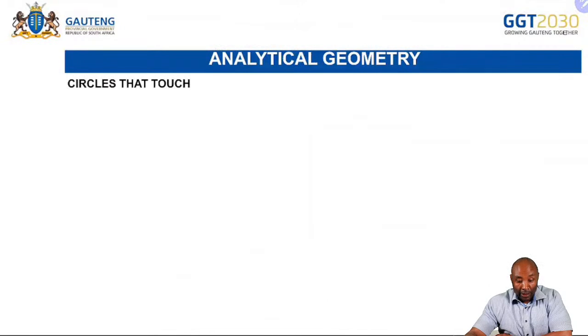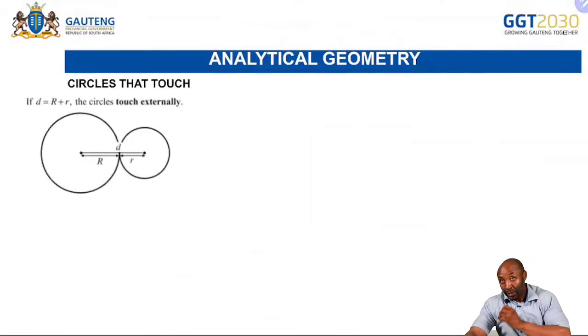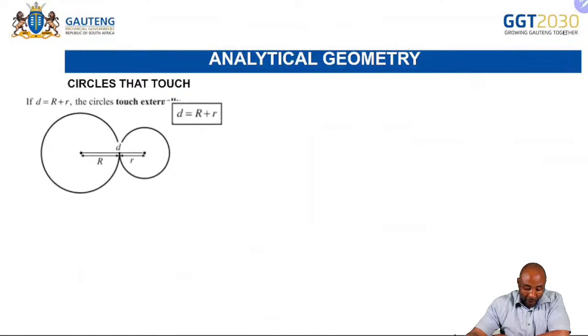We look at the concept of our circle equation. Circles that touch externally. We are able to find the distance between the 2 centers, and we are also able to find the radius of each circle. If the distance between the 2 centers is equal to the sum of the radii, the circle will touch externally like that.